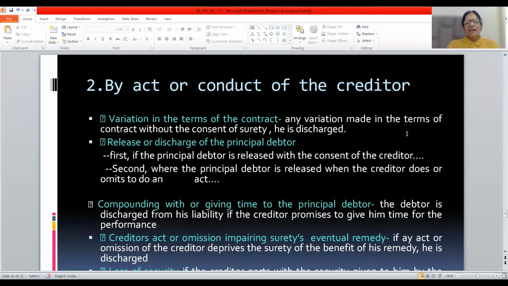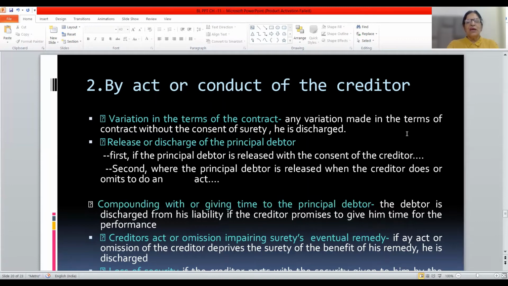Say the debtor borrowed money for 1 month on the guarantee of surety person, but after 1 month he was not able to make the payment. He went to the creditor, he requested him to extend his period by 2 days, which creditor extended without seeking the consent of the surety. Then surety will be discharged from his liability.